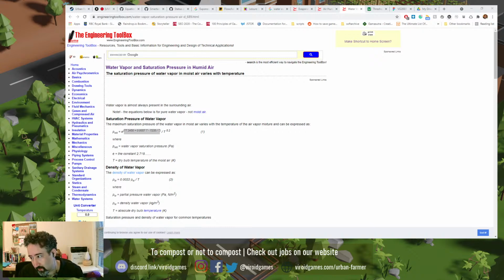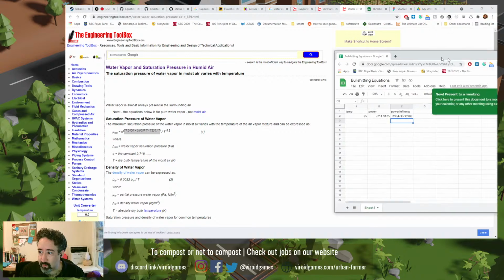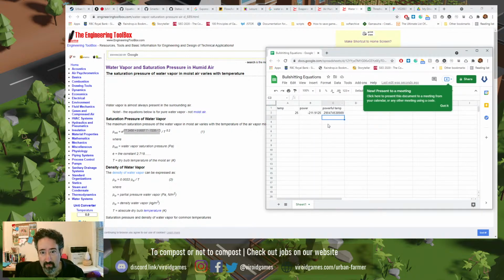So that formula is that it's temperature, power, temperature 8.2. Okay, some insane number.